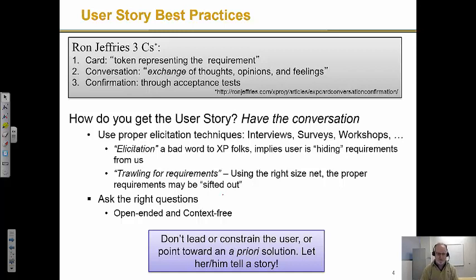All right? Conversation, exchange of thoughts, opinions, feelings. It is, get to that common understanding using the power of natural language and conversation to do it. So don't try and create some artificial constraints around the conversation in hopes that you converge. If you have a conversation and you can't come to a common understanding, that's not a user story's fault. All right? Something else is going on.